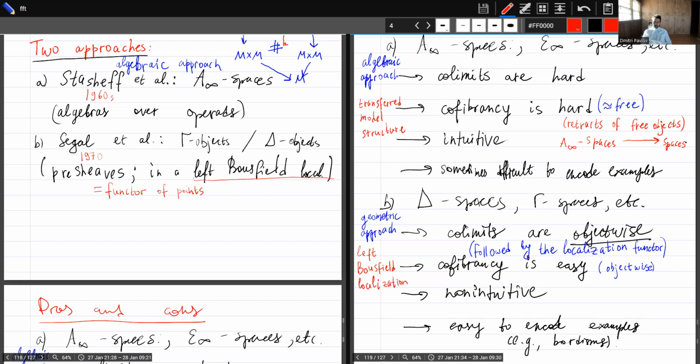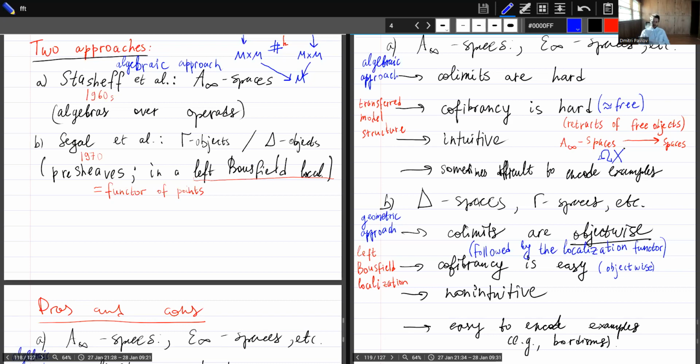So the canonical example of an A infinity space would be loops. The space of loops of a topological space X, for example. You can multiply loops, because loops are just maps from, say, the interval [0,1] to X. And you can multiply two loops together by concatenating them.